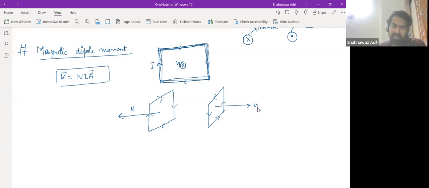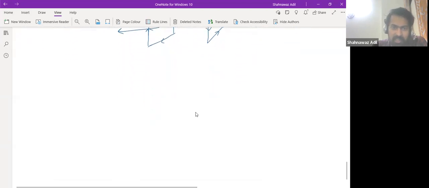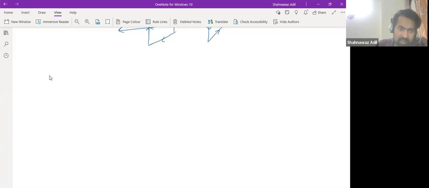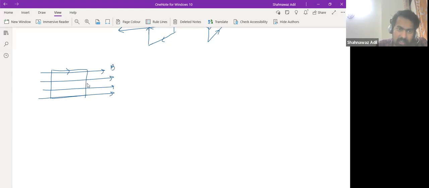And let's say some magnetic field is passing through this. Then this will create a net torque, because for a loop with the magnetic field passing like this and the current passing like this, F net would be zero.